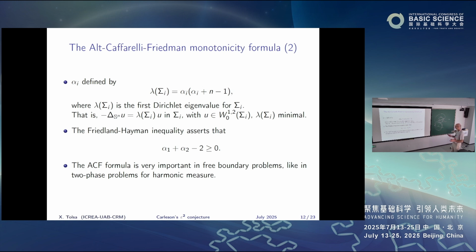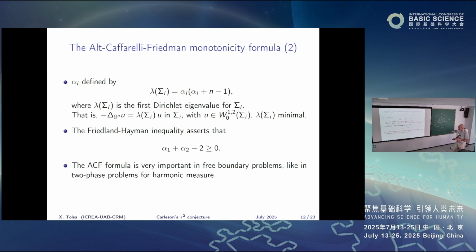And then there is a very important inequality proved by Friedland and Hayman many years ago that shows that if you have two disjoint domains in a sphere, like sigma 1 and sigma 2, arbitrary, they don't need to come from anything, then alpha 1 plus alpha 2 minus 2 is positive. And the only case where this is equal to 0 is when we have two half spheres.